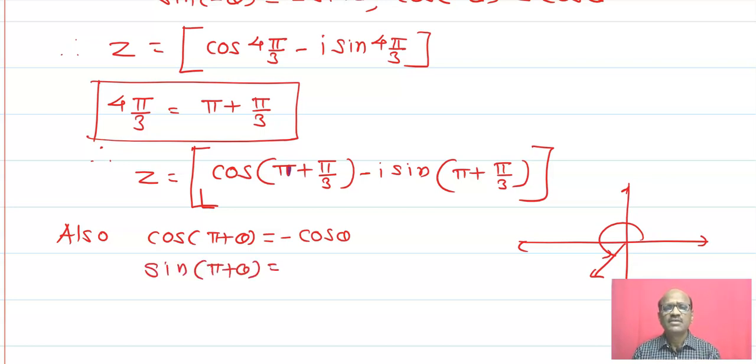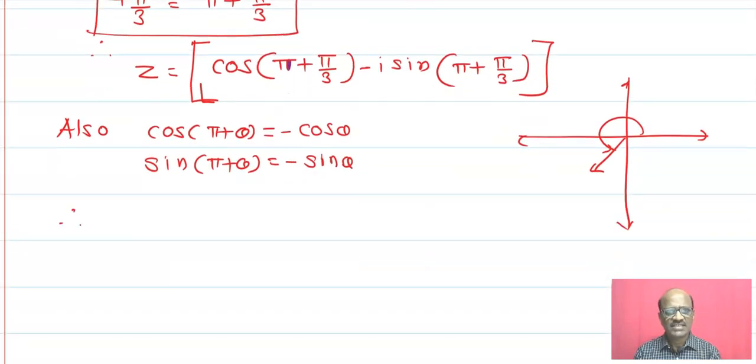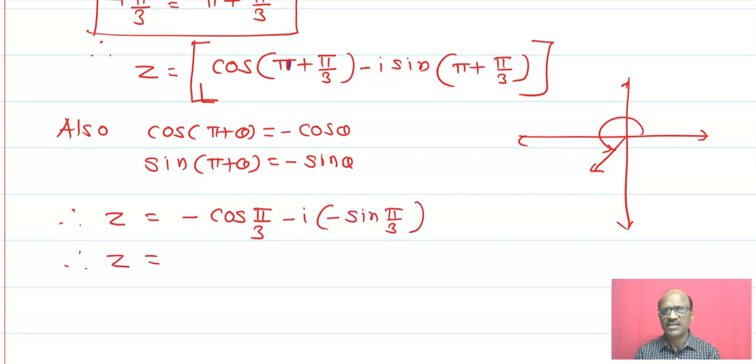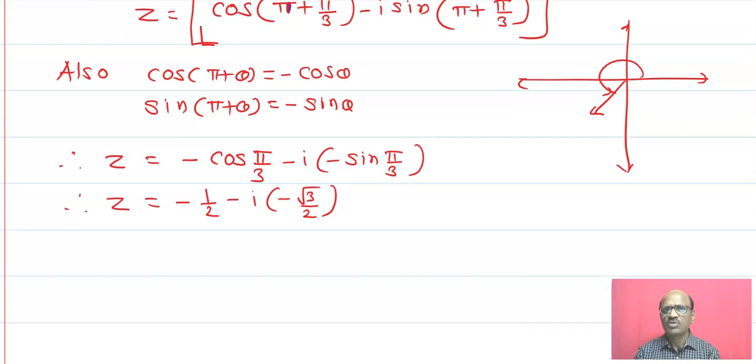Whenever there is a pi plus theta angle, the function remains as it is: cos remains cos, sin remains sin, and the sign is determined by the quadrant. So cos of pi plus theta is minus cos theta, and sin of pi plus theta is again minus sin theta, because sin is also negative in the third quadrant.